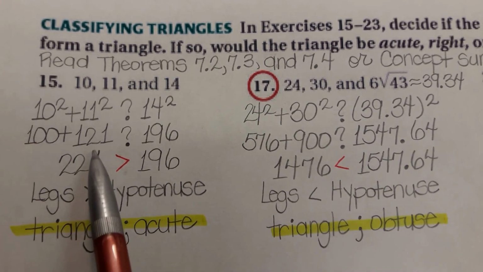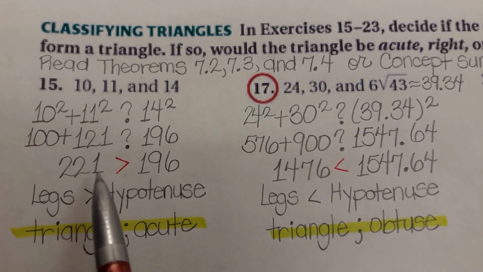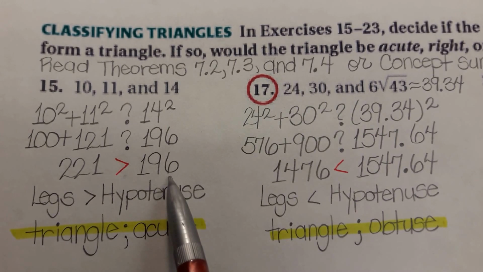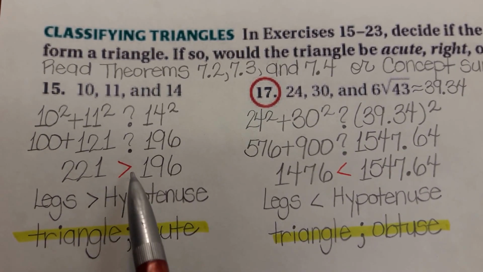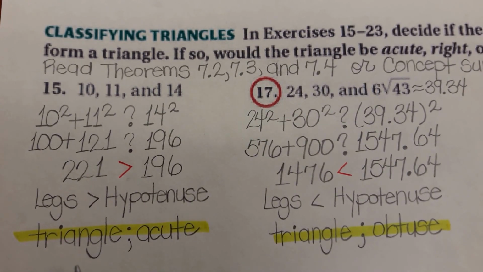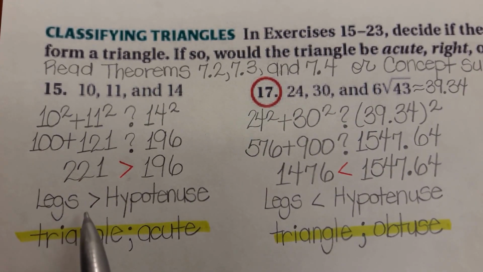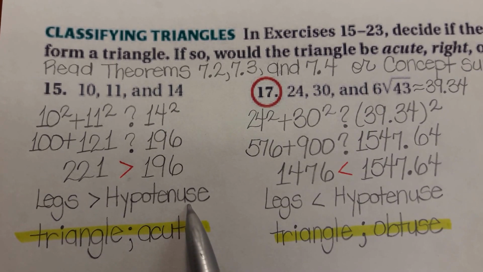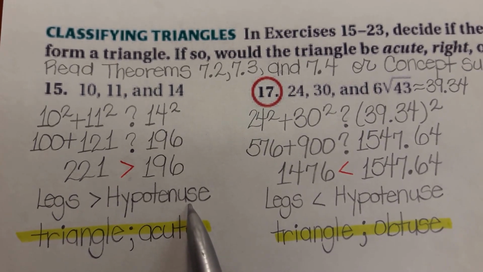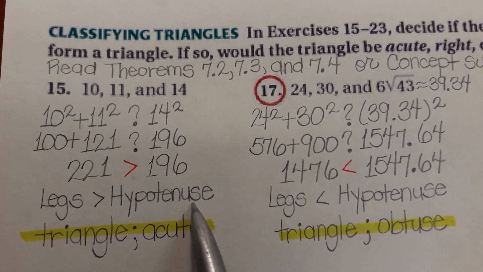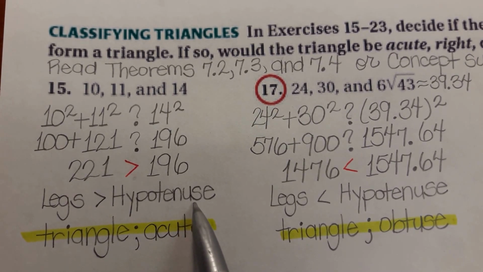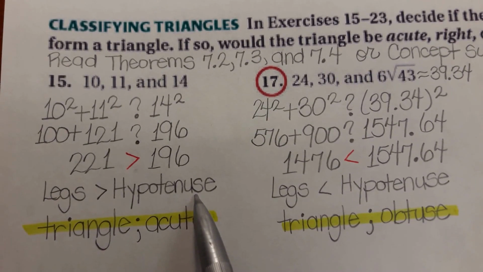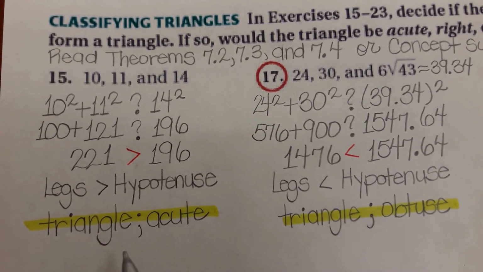When I add these two numbers up, I have 221, and I have 196. So I see that 221 is greater than 196. So my legs are bigger than my hypotenuse. We know the hypotenuse is the largest side of a right triangle, or you can think of it as the side opposite of the 90-degree angle.